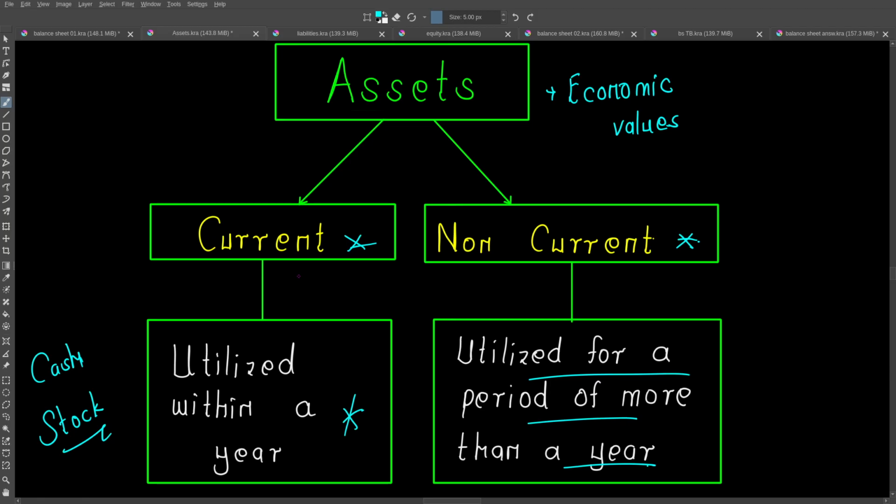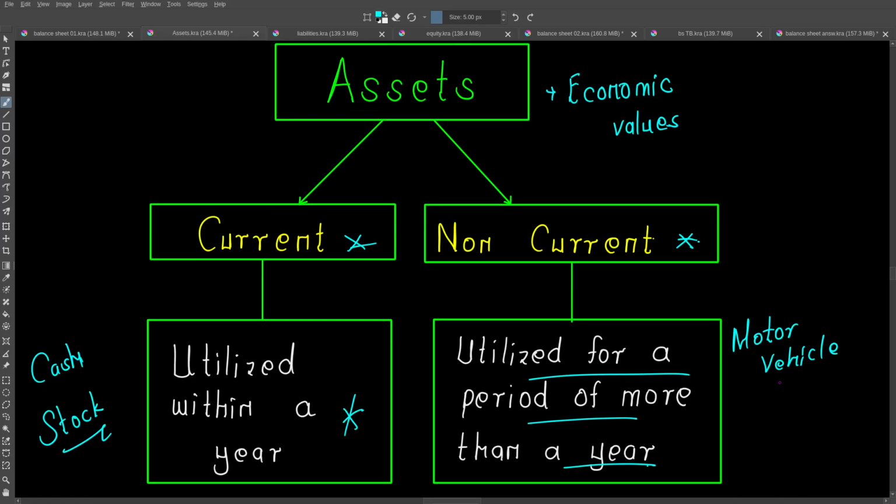We are talking about you buying a motor vehicle to do your deliveries, for example you make furniture. So you just bought a lorry to deliver this furniture to your clients, or to buy raw materials. So this motor vehicle is something you buy as a business expecting to use it for a period of more than 1 year, okay?